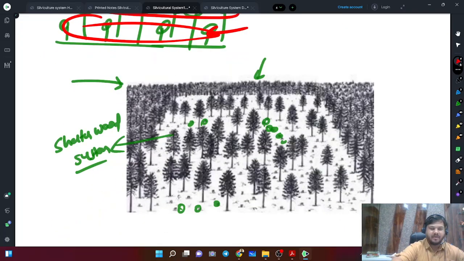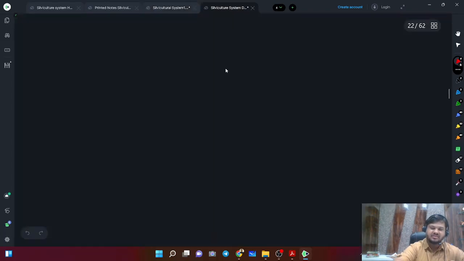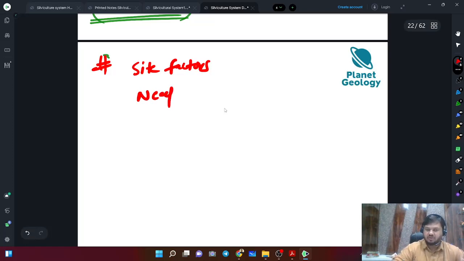This system was developed in Germany, right? Even in Germany, different parts have different site factors, different soil conditions, different slopes, different needs. Then this system was developed in other parts of Europe, and imported to India, Burma, other Southeast Asian countries, Africa, right?